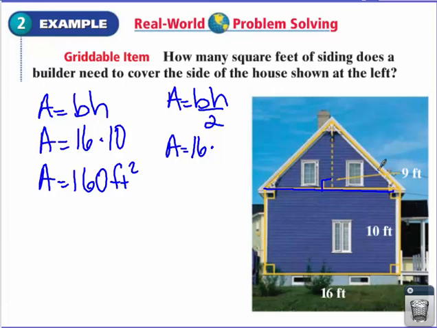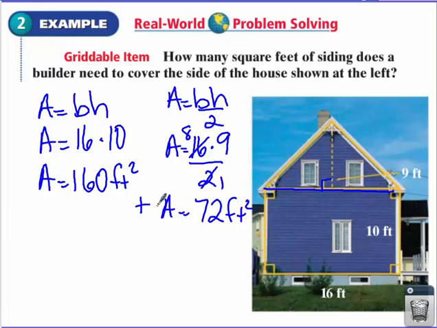Okay, so we know our height is 9, and then we're going to divide that by 2. So now we take our calculator or any other device, and you would multiply 16 times 9 and divide that by 2. Or if you didn't have a calculator, you could do some simplifying. That would turn into a 1, and that would turn into an 8, and we end up with 72 feet squared. Now to find the total area, we take those two numbers and add them together.